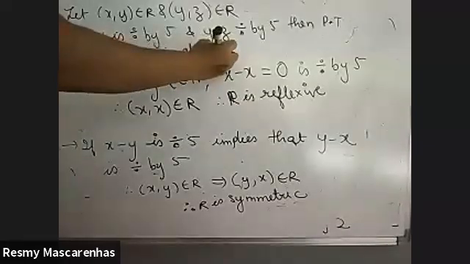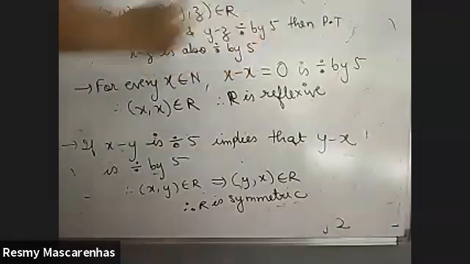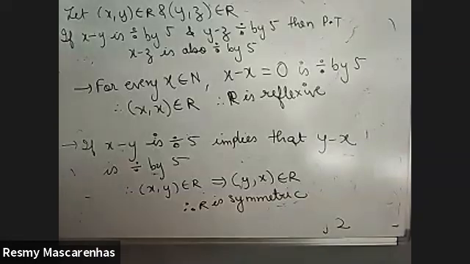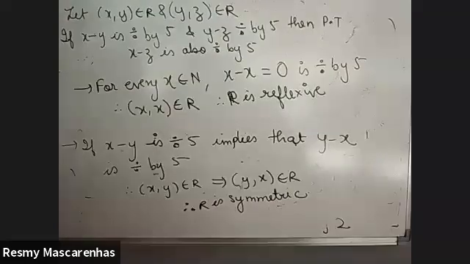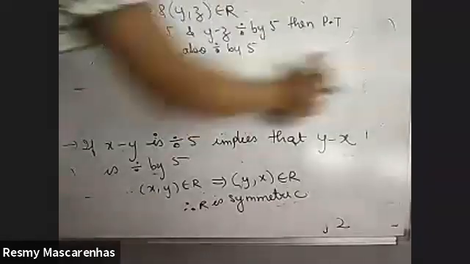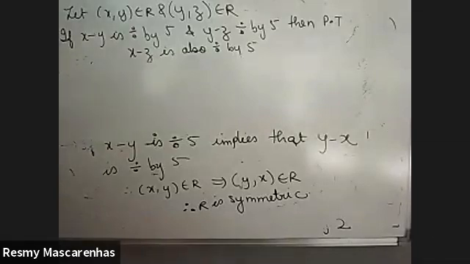Also, then we have to prove that x minus z is also divisible by 5. We just introduce this.